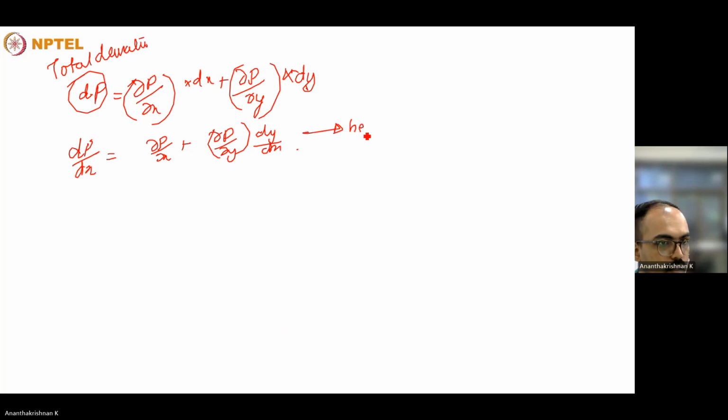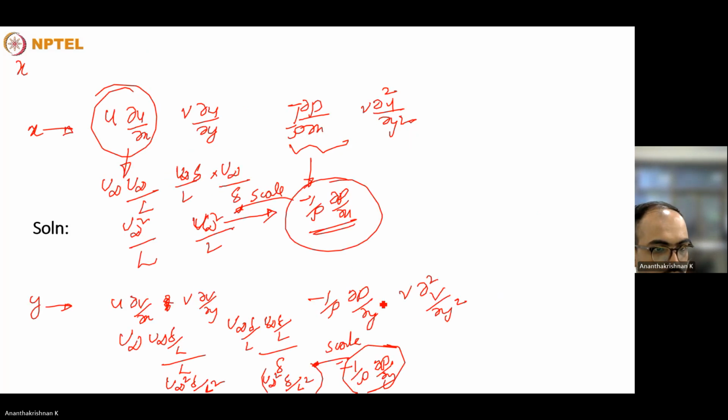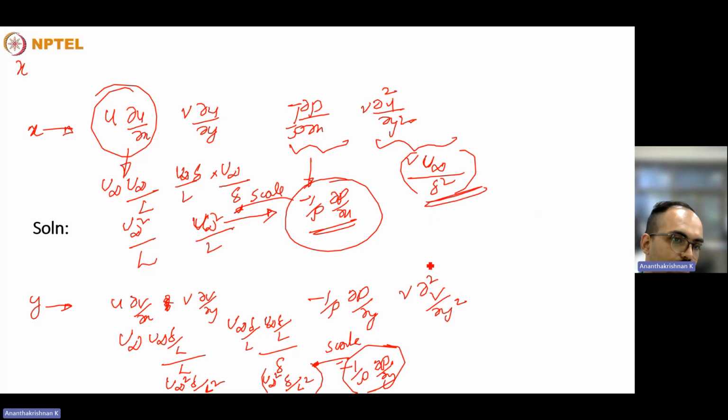So here ∂p/∂x will be of the order of the last term. The last term will be of the order of nu into u∞ divided by delta squared. So the last term will be of the order of this one.